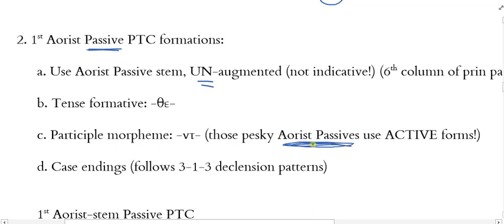They use the active secondary endings. So aorist passives are always misbehaving this way. When you think they should use middle passive forms, they use active things instead. Okay? So we are going to use the active participle morpheme for these. They are going to look active, at least on that part. The theta eta or theta epsilon should be the clue that it's still aorist passive, okay? And because I'm using nu tau, we're looking at third declension forms here for the masculine and the neuter again.